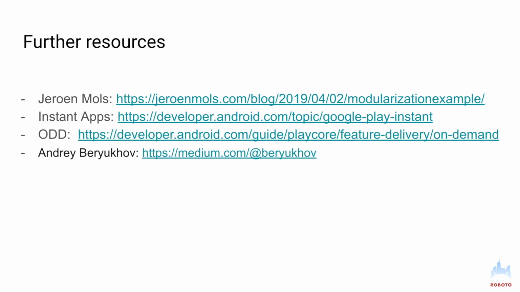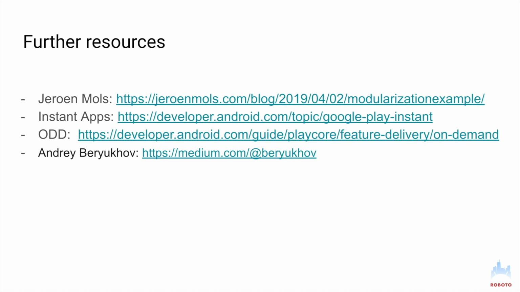Now, we're slowly approaching the end. There are a few resources that we would like to propose to you. Jero and Mols have been writing intensively about modularization, and you can see some of their articles here. Then the instant apps from Google have very nice and comprehensive documentation that you can read here, and the on-demand delivery.